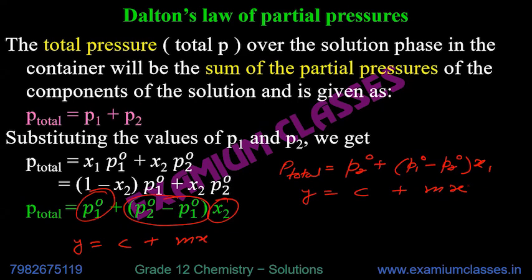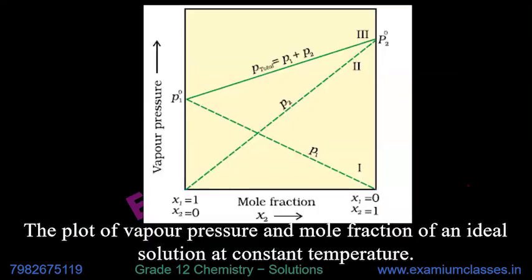All are straight lines. So here, two graphs are merged, and you need to understand this is slightly different. If you are considering only one component, x1, its mole fraction is 1, it means the other mole fraction will be 0 because the sum of all fractions is 1.